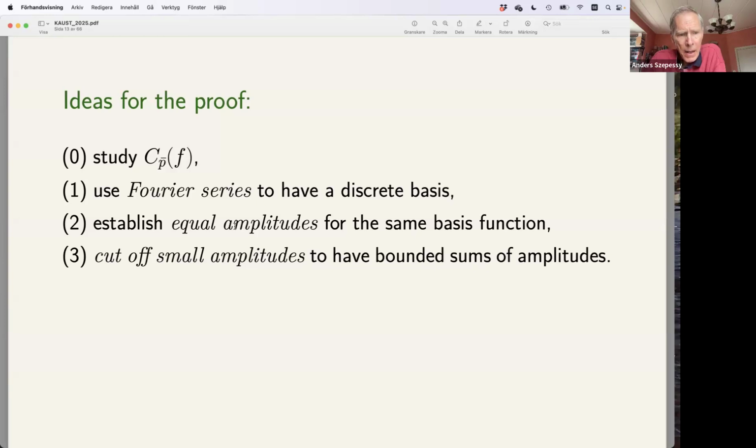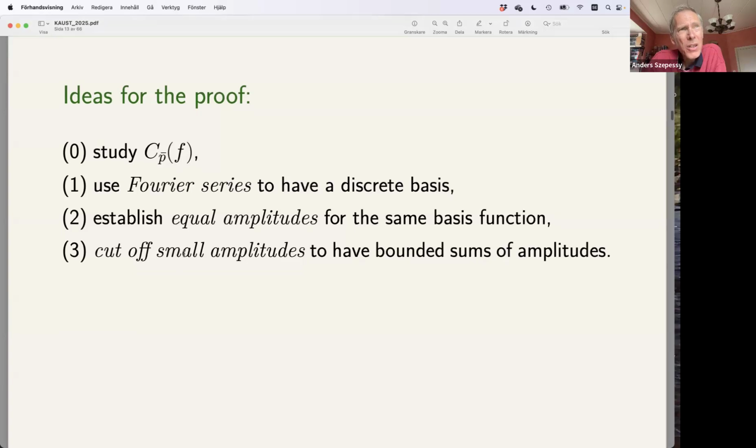And then we will also see that we need to cut off small amplitudes, because when we do finitely many nodes, we will always have an error, and the small amplitudes will be polluted more by this error. So to do an estimate, we will need to cut off small amplitudes.